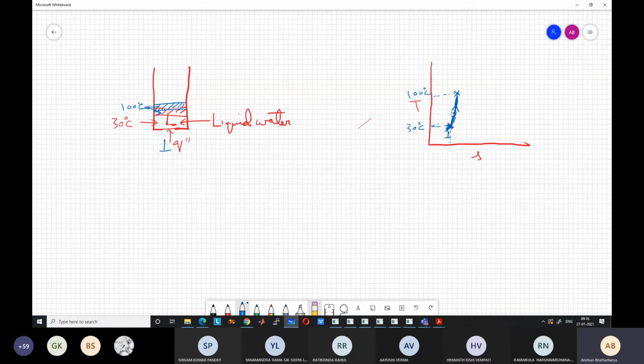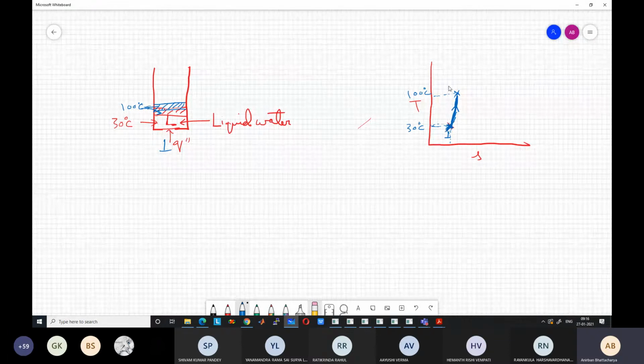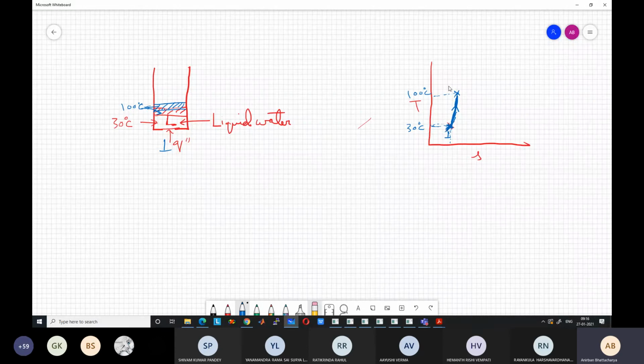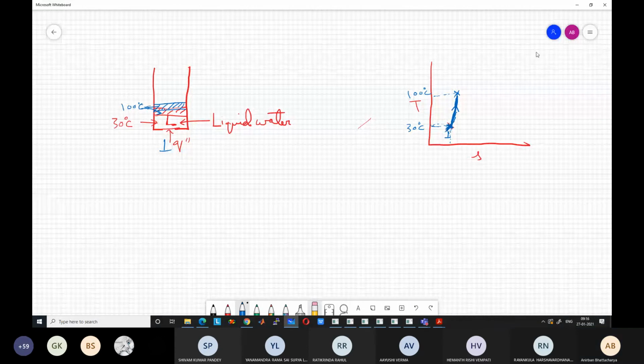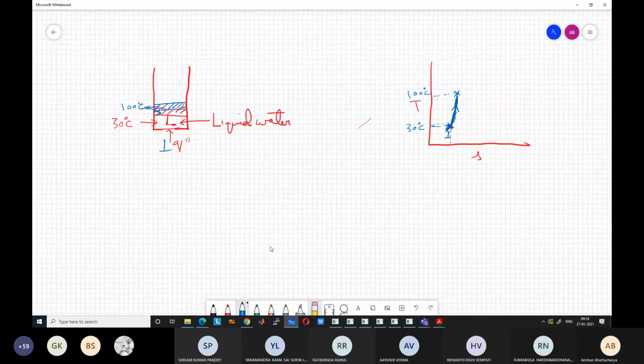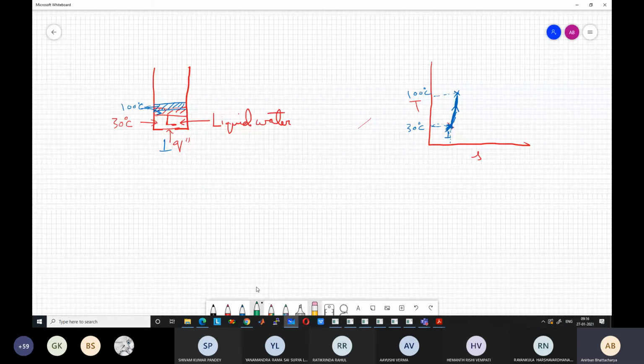Now what will happen further? If you keep on heating, we know from common sense that the liquid will start getting converted into vapor. So at some point in between, you will have the piston in this location, say. Temperature still remains 100 degrees centigrade because boiling is going on.